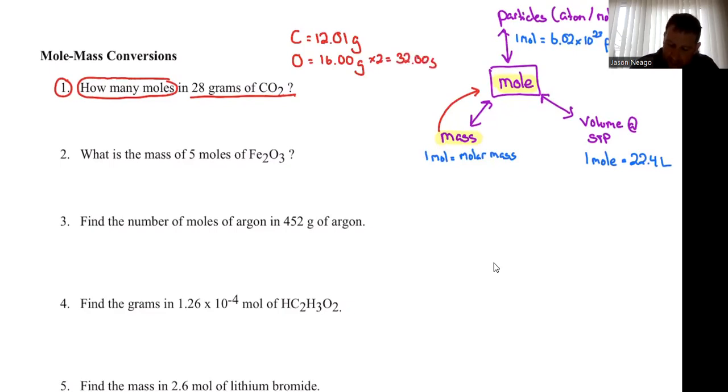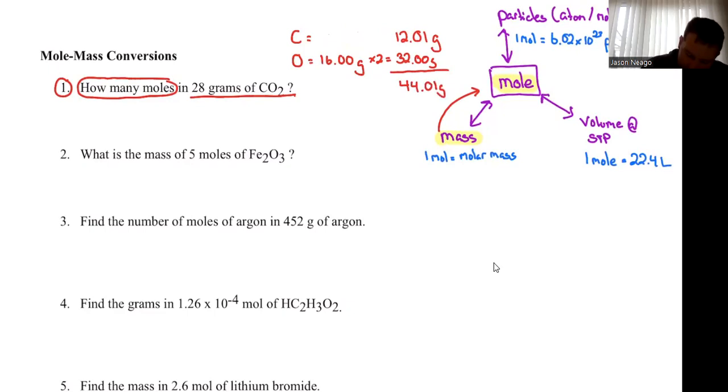When I add the 12.01 with the 32.02, and actually let me just move this over so we can get everything aligned, when I add these up, I get 44.01 grams. So that would be the molar mass of carbon dioxide.